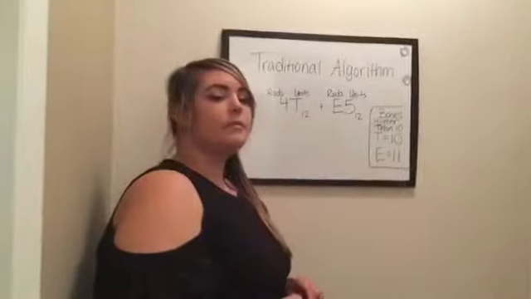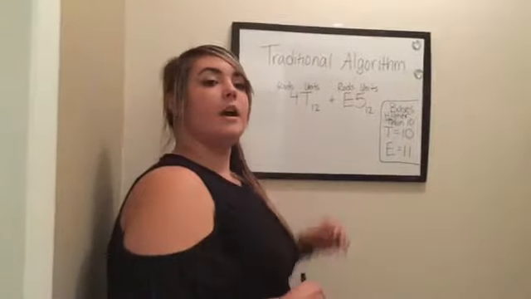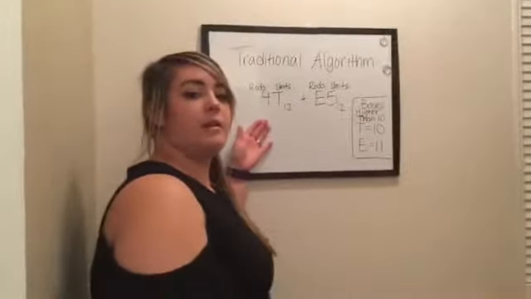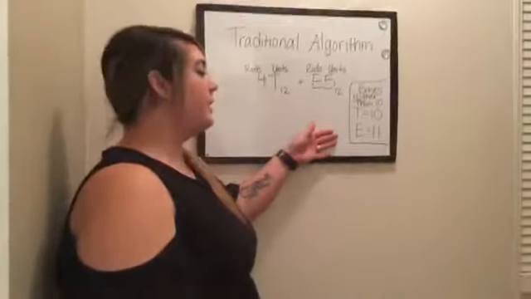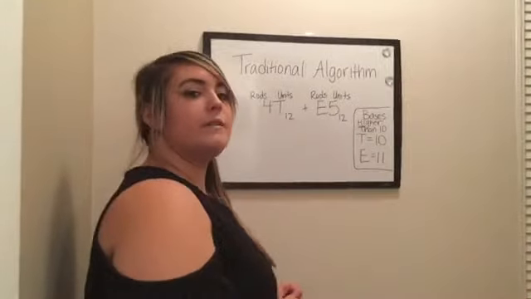In this example, we're going to see how we can add two numbers with bases higher than 10. As you can see, when numbers have bases higher than 10, they're represented by letters. The letter T represents 10, and the letter E represents 11. Let's use traditional algorithm to solve this problem.